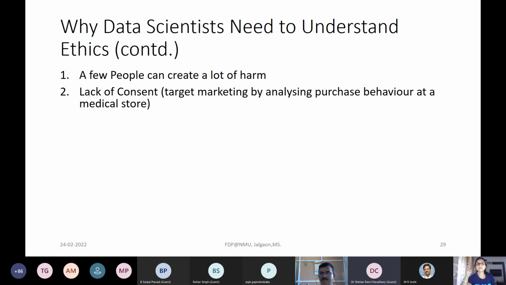You can imagine the huge problems it must have created in their relationships. So there is no consent here. The algorithm is doing its work. It has exposed, it has hacked, it has shown it on some website, publicly. It has created a lot of problems. So there is no consent, where these people are doing all this work without asking your permission: can we do it?